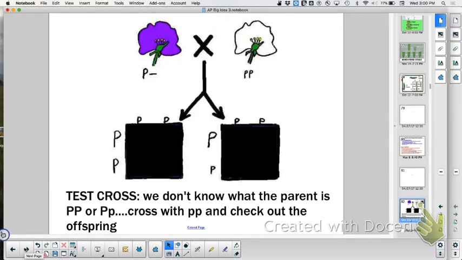Test cross. Why would I ever need to do a test cross? To see, when I have a dominant trait with an unknown genotype. So I have the dominant phenotype, but I have an unknown genotype. Emily has brown hair. I don't know if she's homozygous brown or carries blonde. Who could I mate her with? Someone blonde.